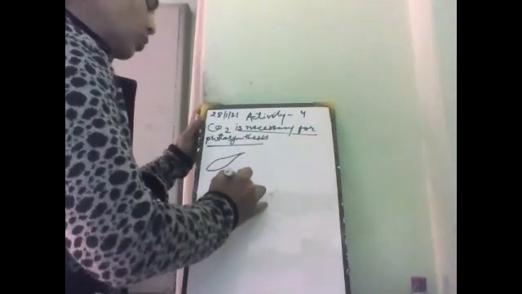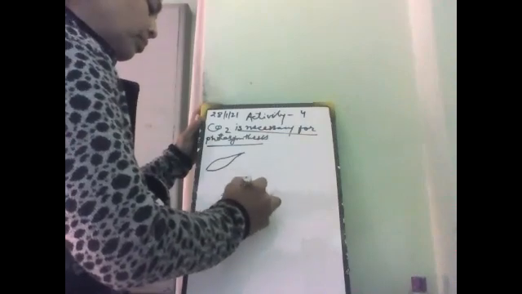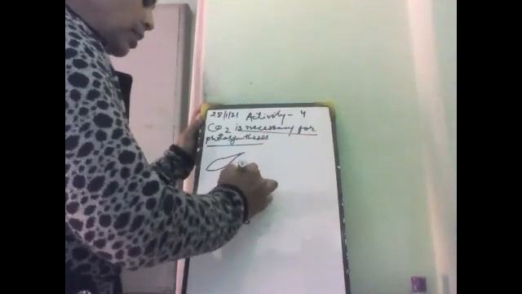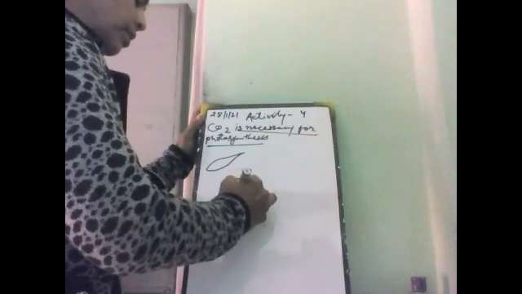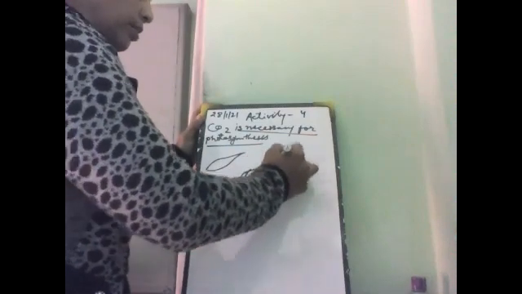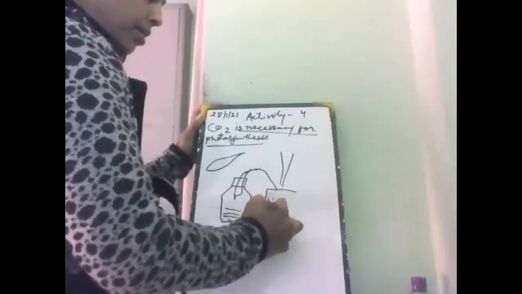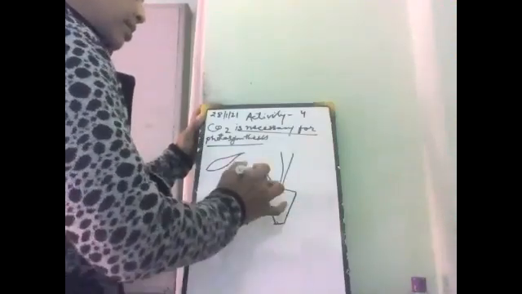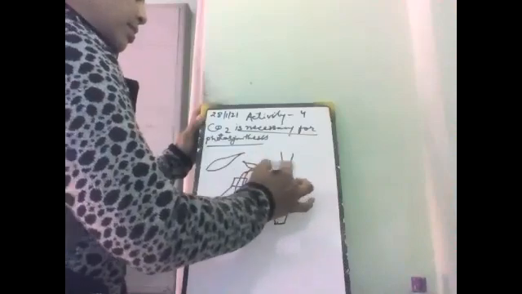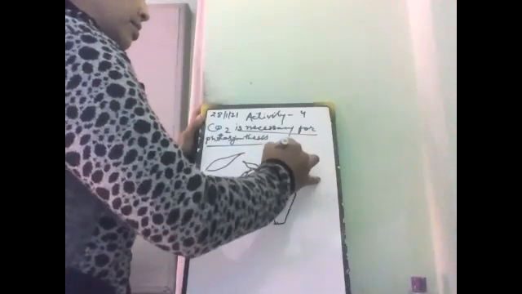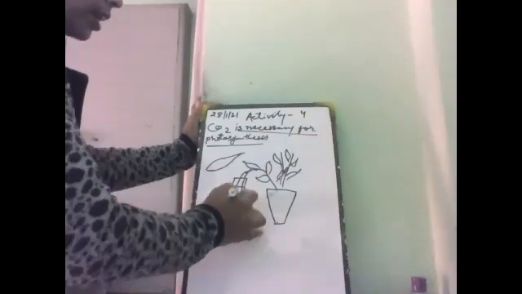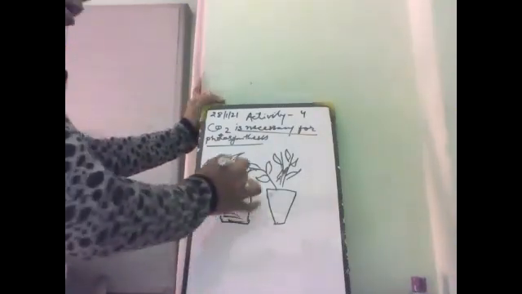Take a wide-mouthed glass bottle. We can keep the leaf half inside the bottle and half outside the bottle.